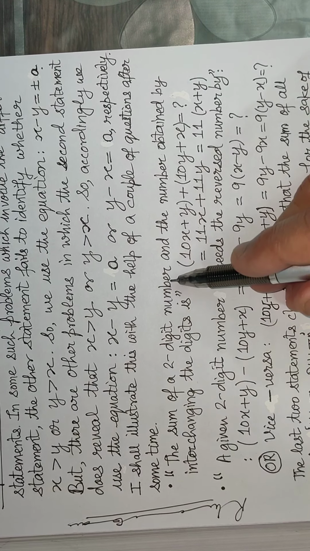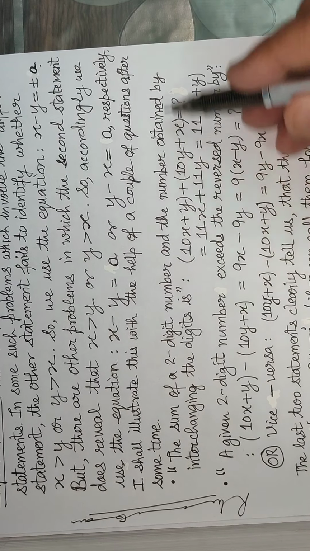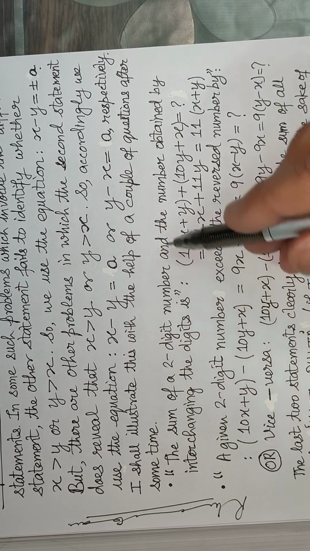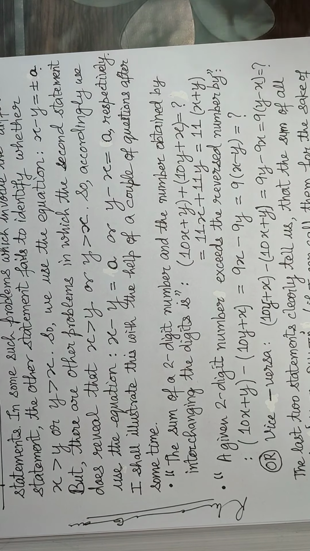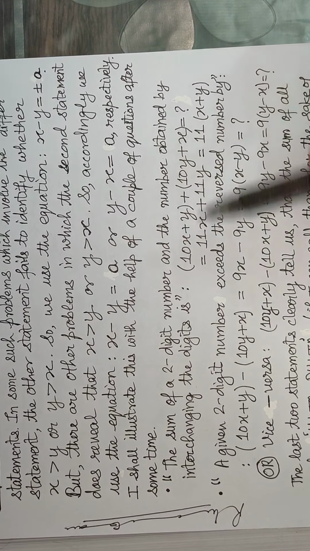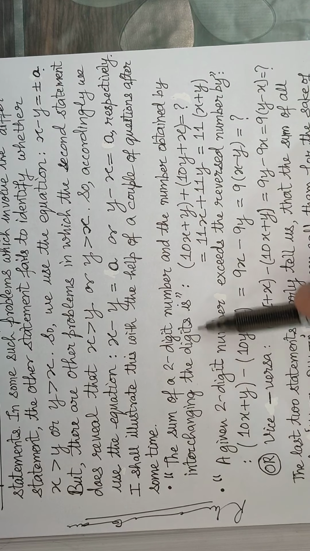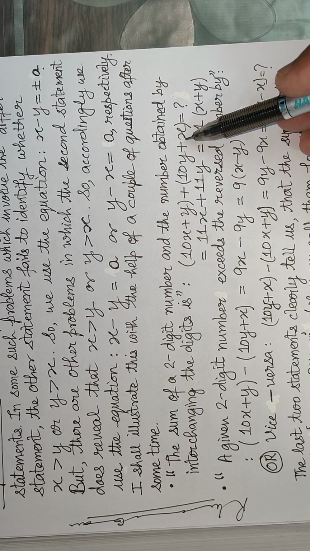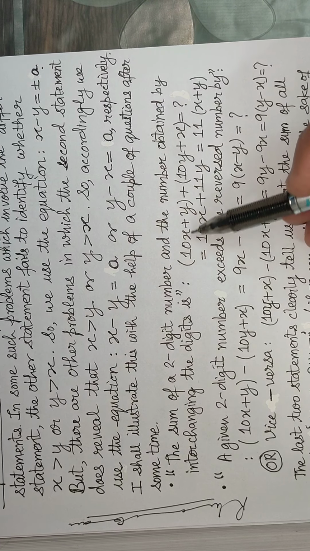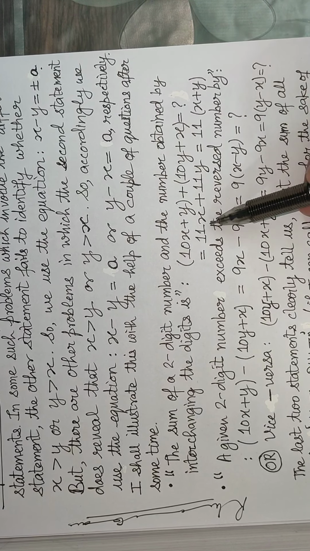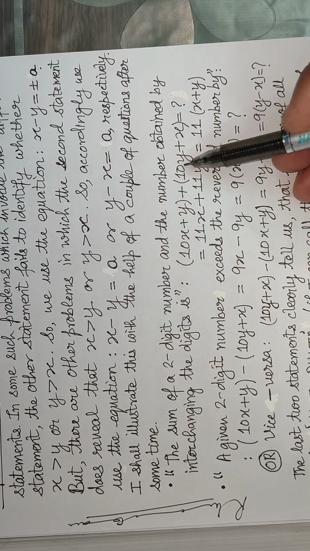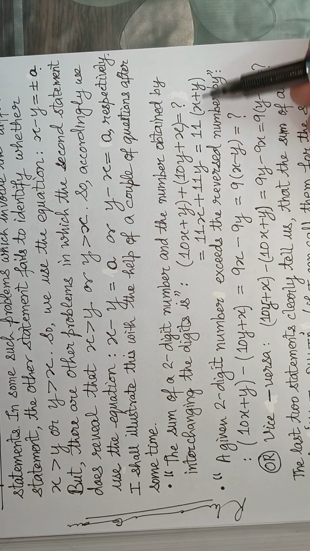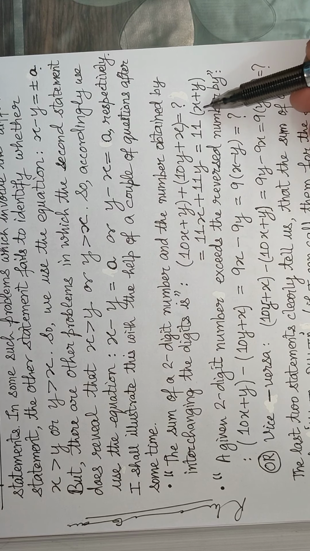Two-digit number was given by 10x plus y, and the number obtained by interchanging the digits was given by 10y plus x. So we take their sum and we get 10x plus 1x equal to 11x and 1y plus 10y equal to 11y. So we take 11 common, we have 11 times x plus y.